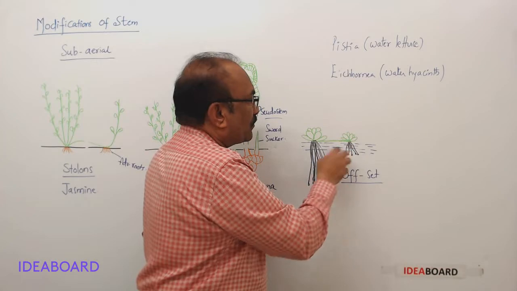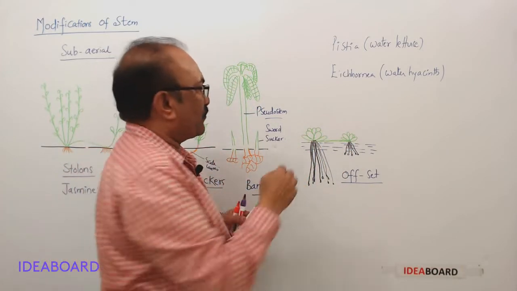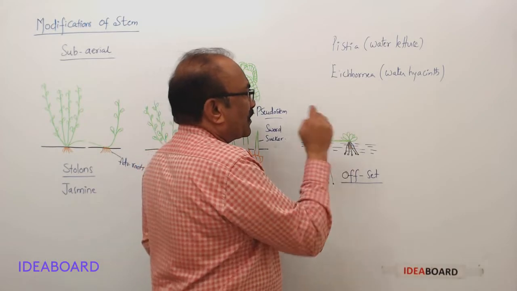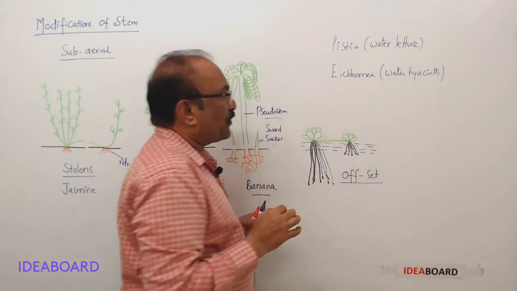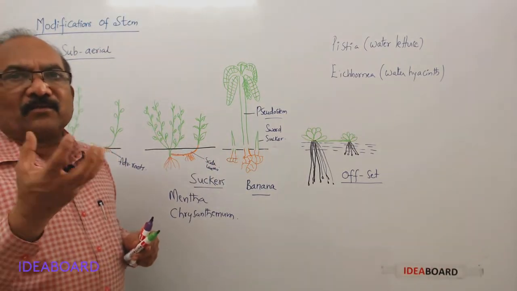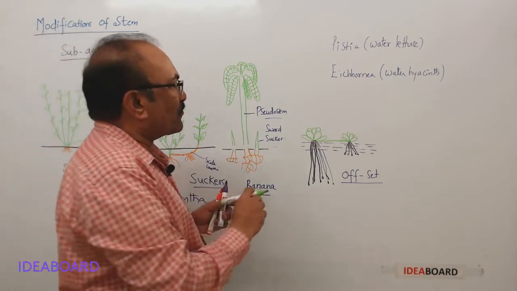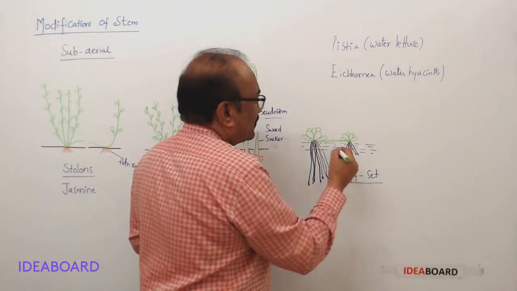You can see this short internode, because if you consider this as a node and this becomes another node, then this becomes an internode. This short internode terminating with a rosette of leaves and a cluster of roots is called an offset. So this is the offset.